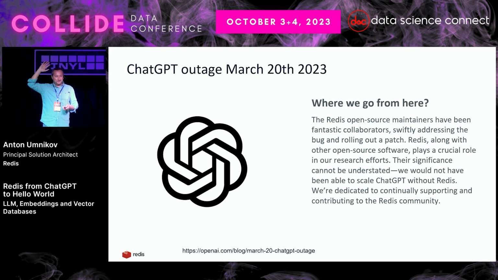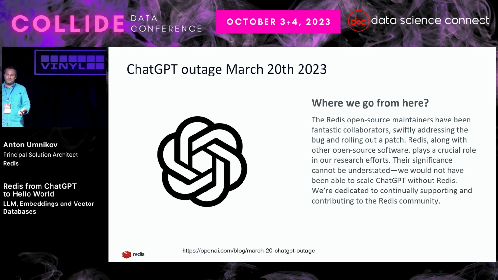They contacted us, and we quickly identified that it's a problem in the client-side code connecting to Redis. We helped them to fix that, and we got the best endorsement a database vendor can get from a company like OpenAI. They would continue to use Redis for that purpose and hopefully for many other use cases.